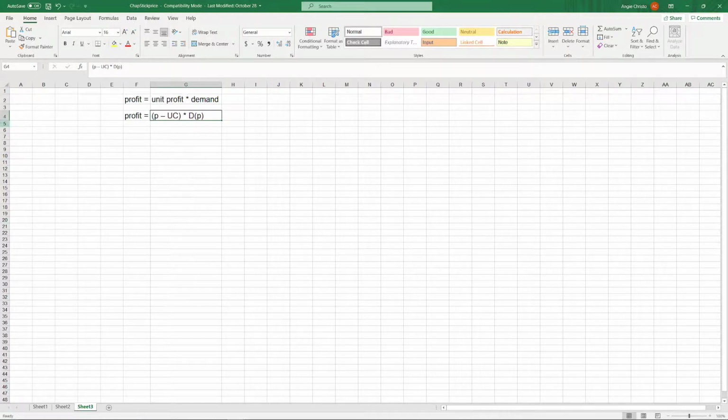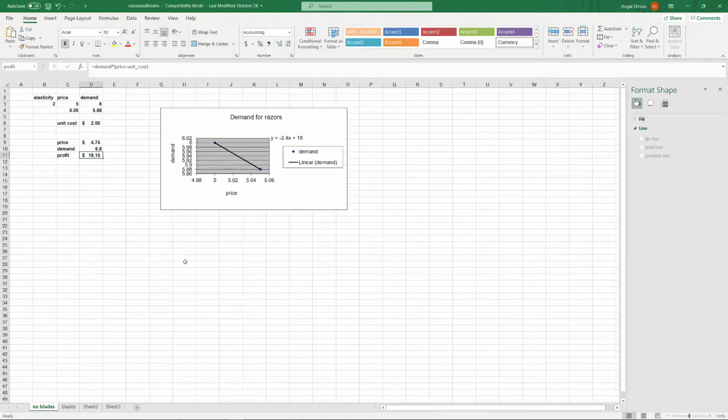And based on this, we calculate our profit here: demand, which is on this side now, times price minus unit cost. So where did we find these? You see how they're all colored nicely, so you can see here demand is on this cell, price is here, unit cost is here.